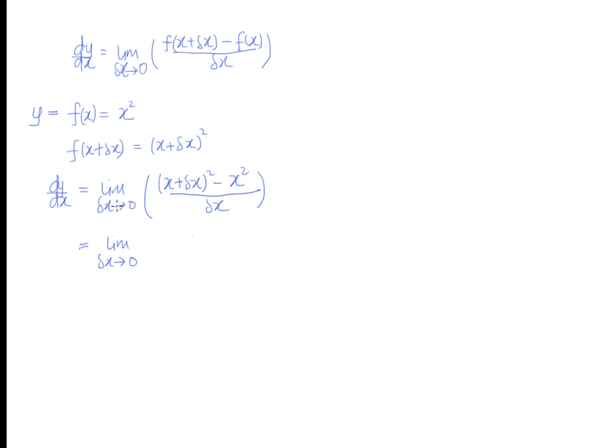So let's copy the limit, and what we need to do is expand out this perfect square, which will give us x squared plus 2x multiplied by delta x plus delta x squared, minus another x squared, over delta x.